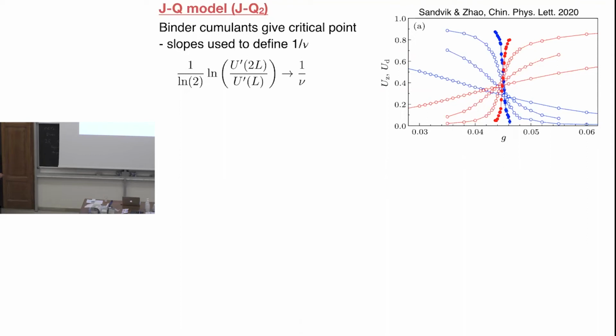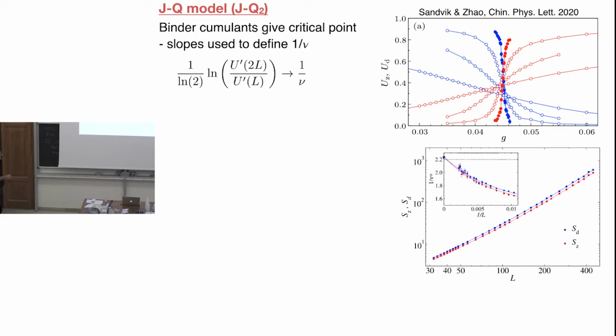We can actually look at several crossing points here. For a given order parameter, we look at L and 2L, exactly like I showed you in the Ising model. Now we can do it for both the dimer or VBS order parameter and the AFM order parameter. And here I just show the form L to the 1 over nu that we expect, and here I show when you extract the slope locally.